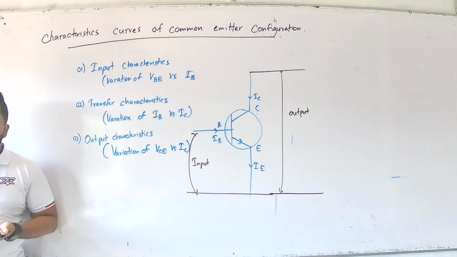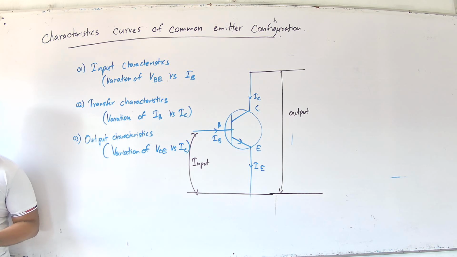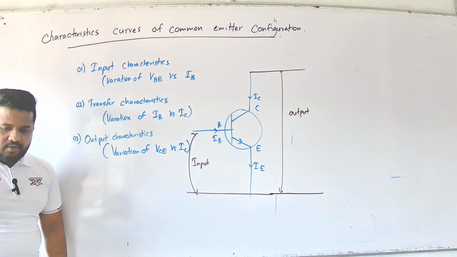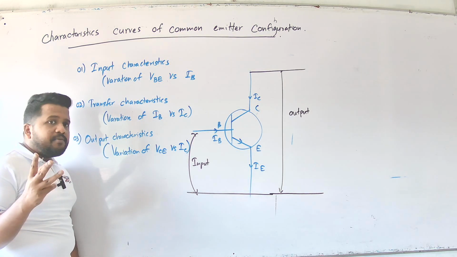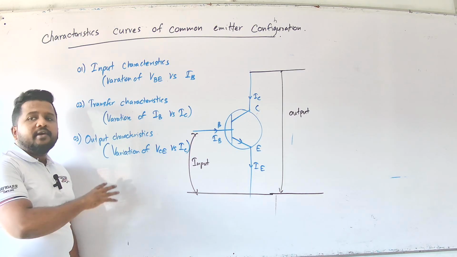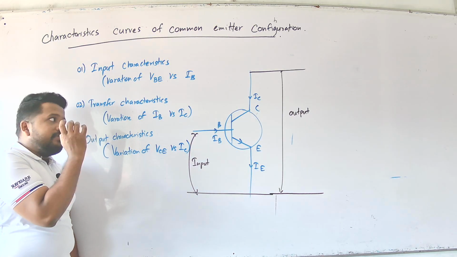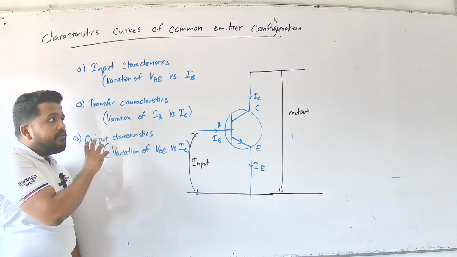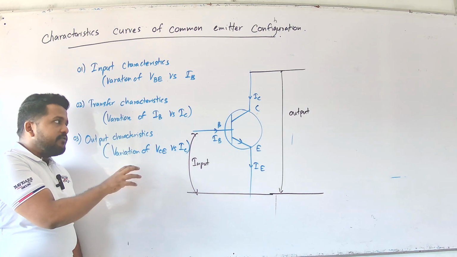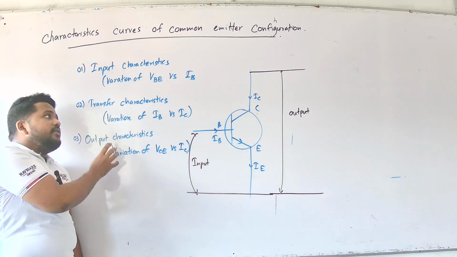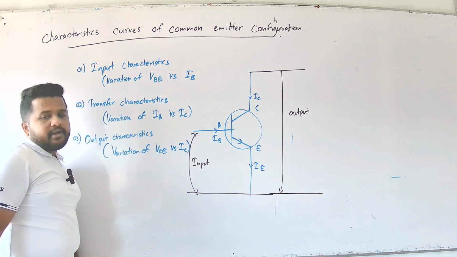So we need to identify these three characteristics. That means we need to get the three types of curves of these characteristics, right? Then after this we need to identify what the curves corresponding to these are, right? Okay, write down.